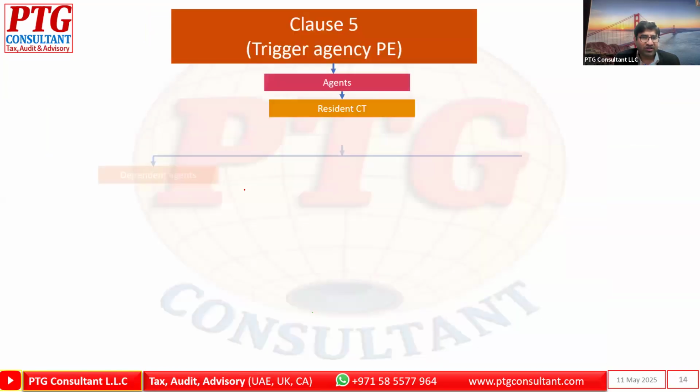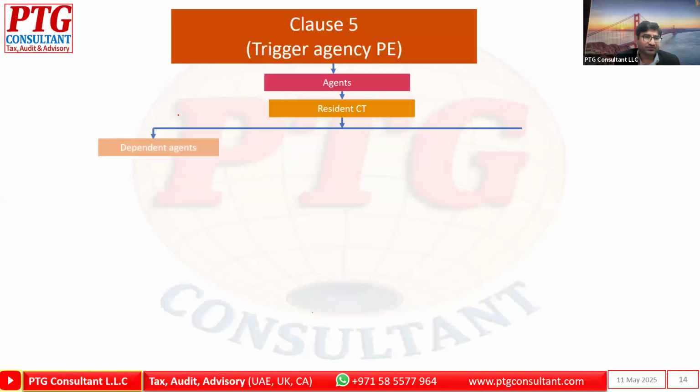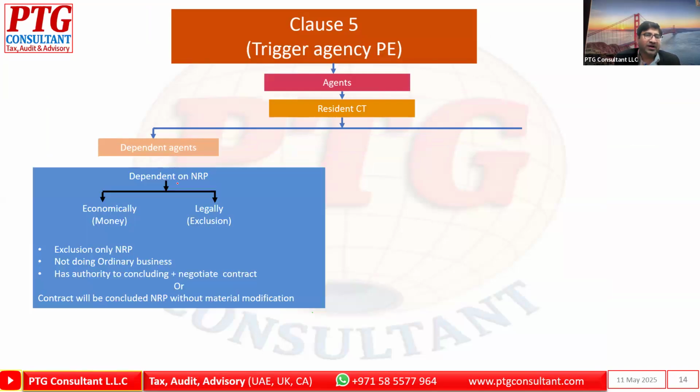Mostly we covered the agent. Dependent agent: resident legal person, dependent on the non-resident person economically and legally.